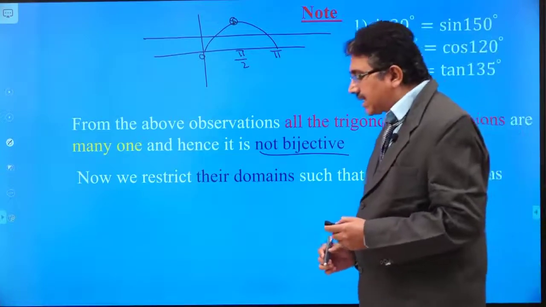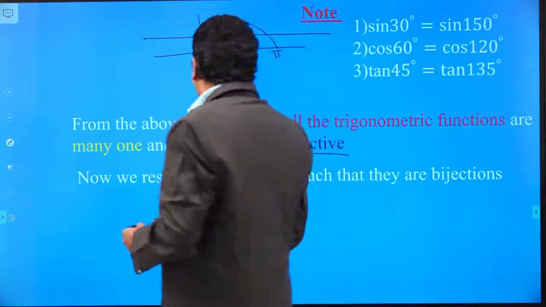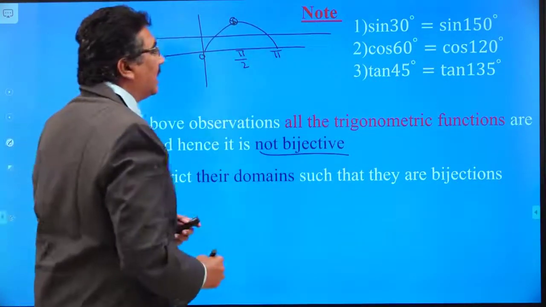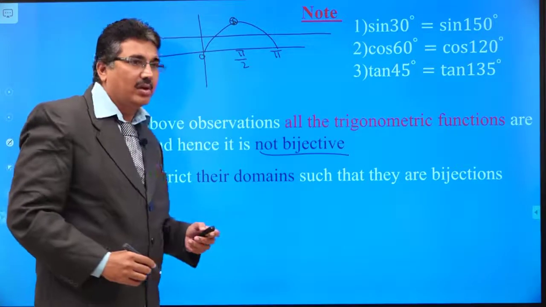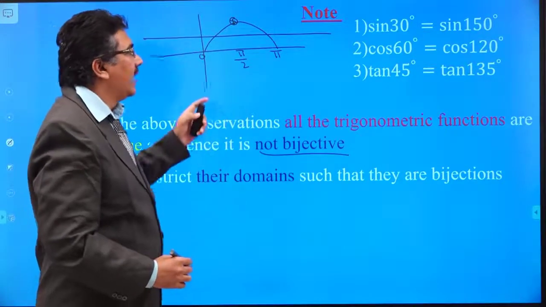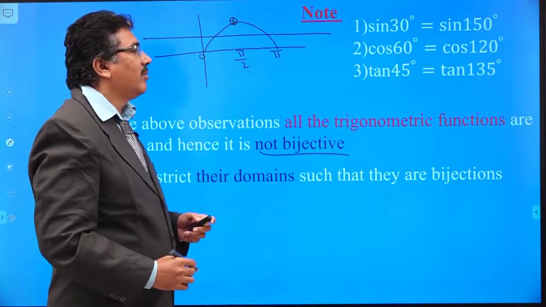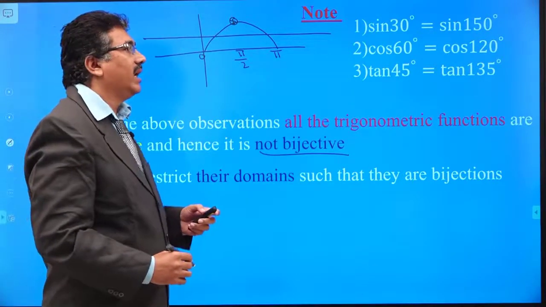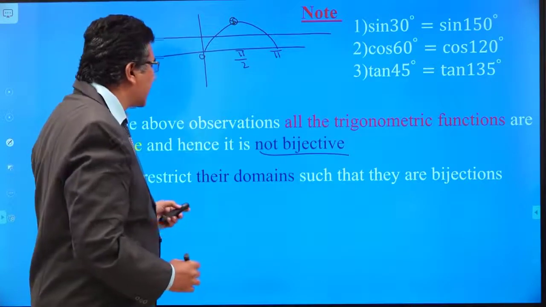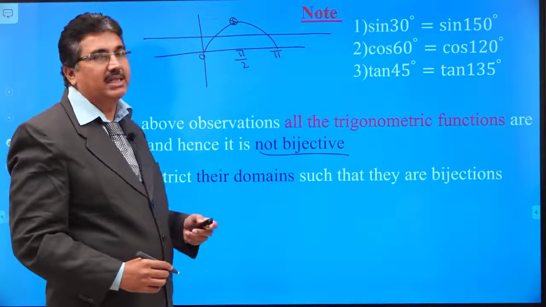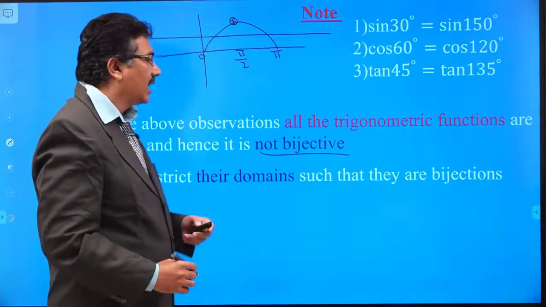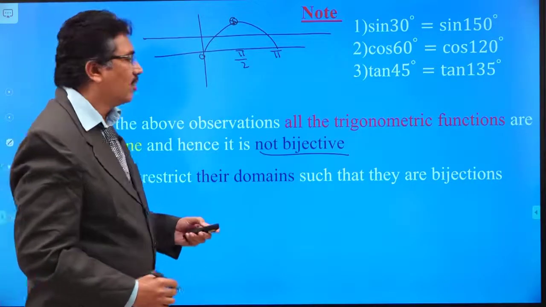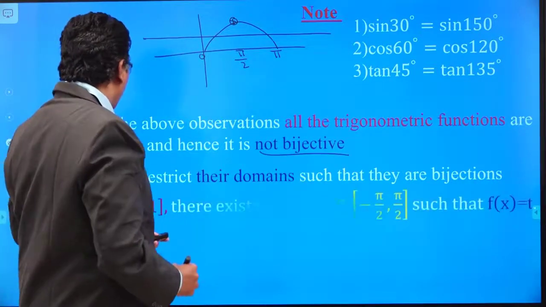Now, we restrict their domains such that they are bijections. For the actual domains, the trigonometric functions are not bijective. For defining the inverse, we restrict their domains such that they are bijections.